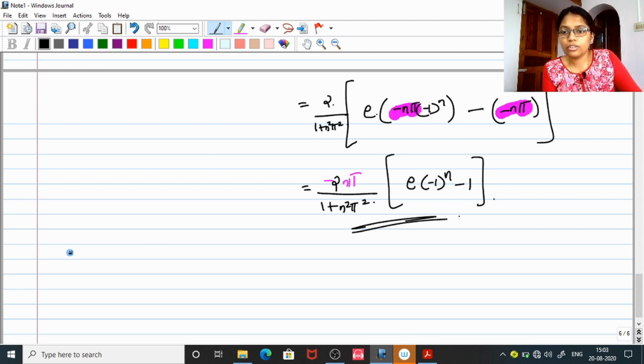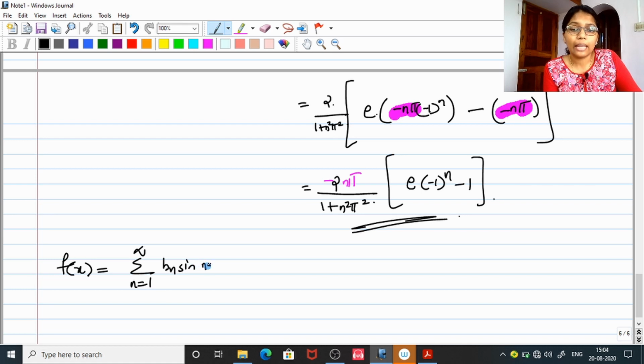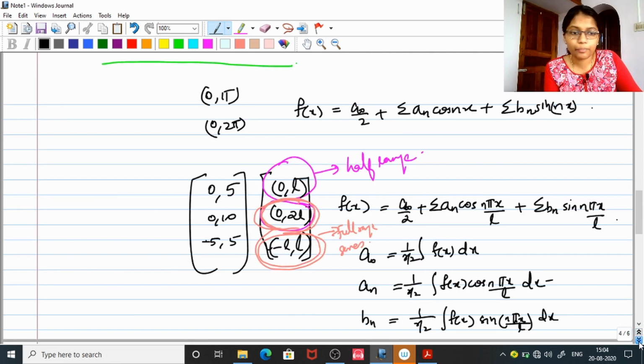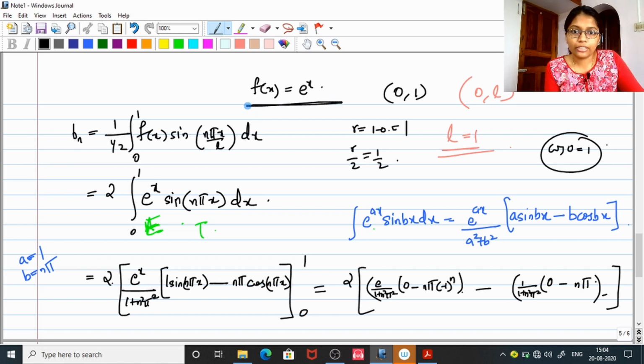Okay, so f of x equal to, since this is a half range sine series, let us have this term only, sigma n equal to 1 to infinity bn sine n pi x by l. Remember, our range is in numericals. So, f of x was e raised to x.